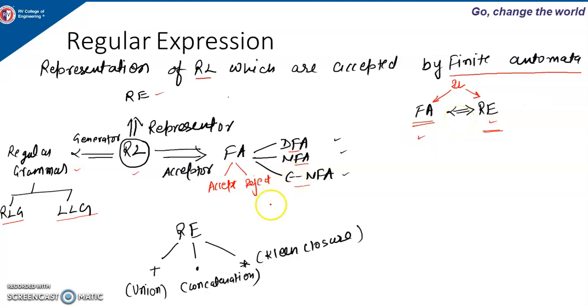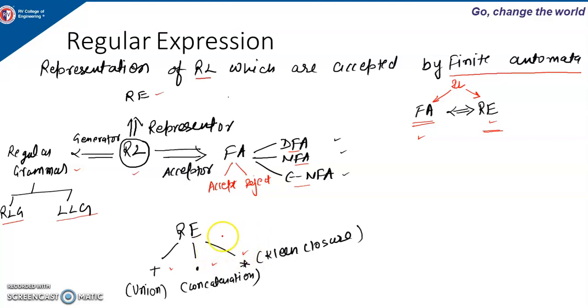Now, what is regular expression? Regular language can be described using regular expression in the form of notations consisting of symbols such as alphabets in sigma and the operators like plus, dot and star. So basically it's a representation. And how will we write the regular expression?